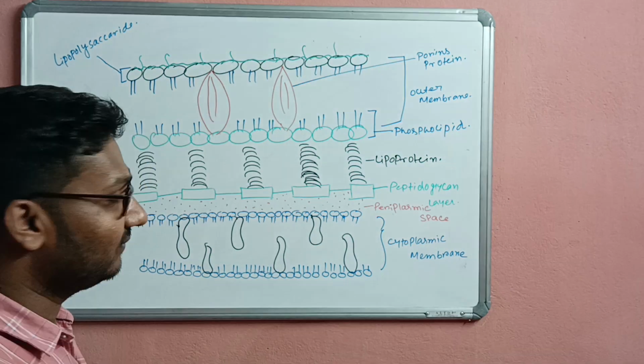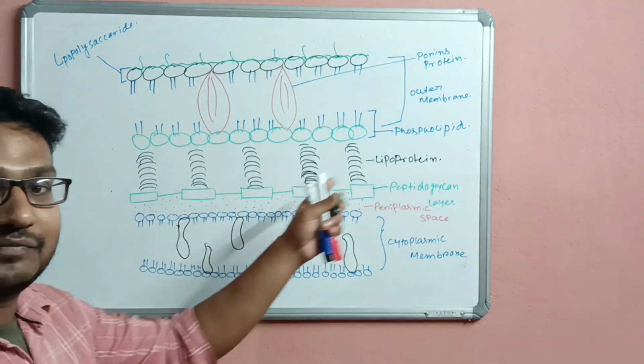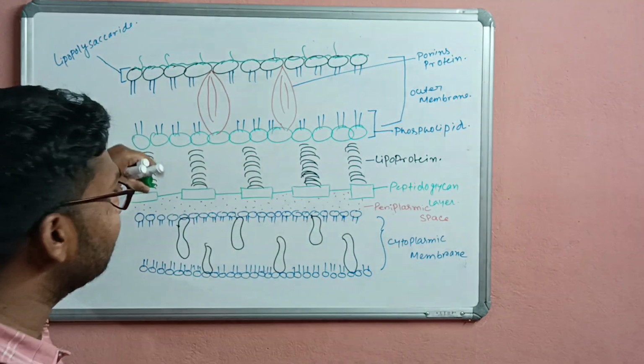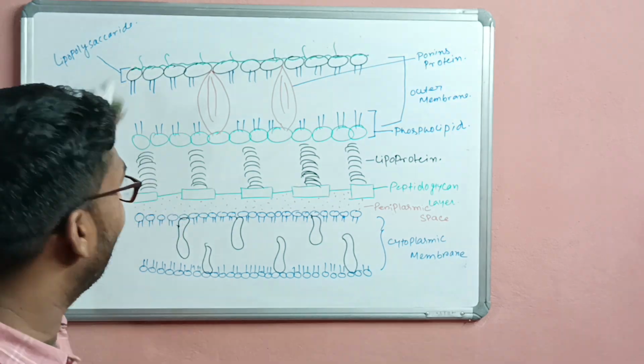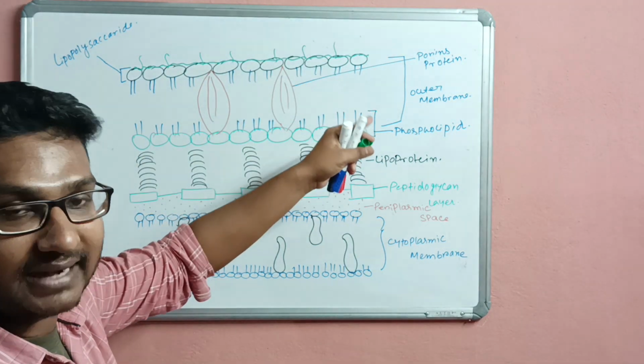Here you can see that the peptidoglycan layer is present inside, beneath all the other outer layers of the bacterial cell wall.